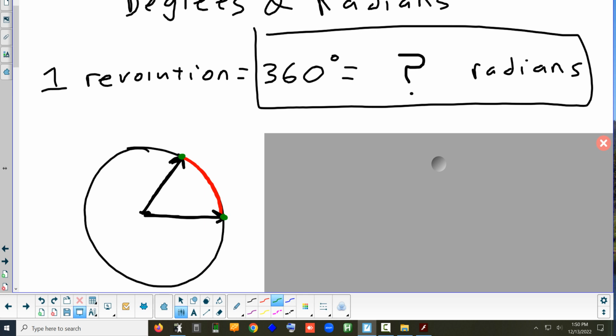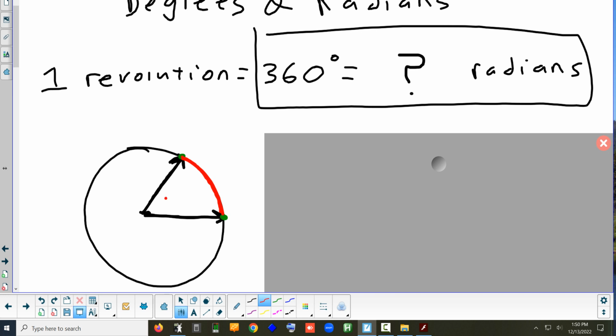That's the 2 points where the angle contacts the circle. Between those two green dots is that shape in red. That shape is called an arc. An arc is just basically part of a circle. Any questions on that picture?